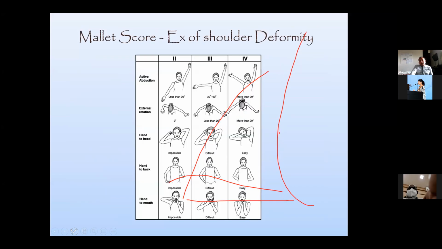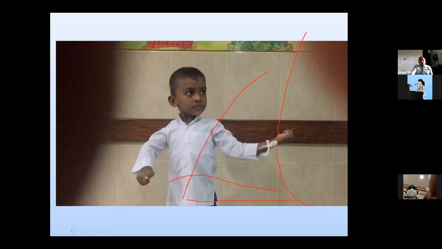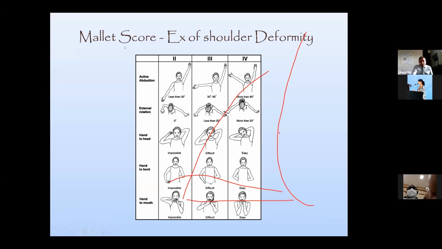So this is used to assess a partially recovered patient, especially the examination of the shoulder deformity in upper plexus palsy patients. So if you come to this, the scale 1 is no movement, 5 is normal.